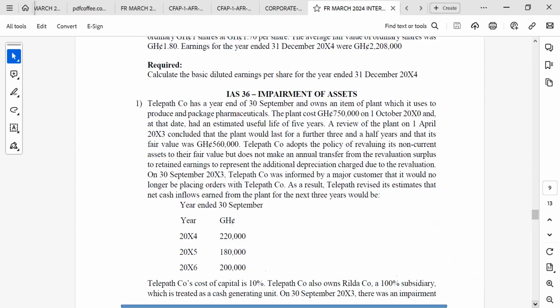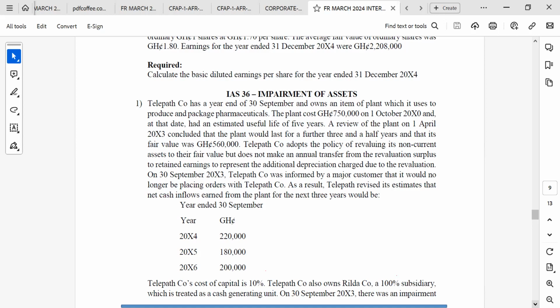The plant cost 750 on 1st October 2X0, and at that date had an estimated useful life of 5 years. A review of the plant on 1st April 2X3 concluded that the plant will last for a further 3.5 years, and its fair value was 560.